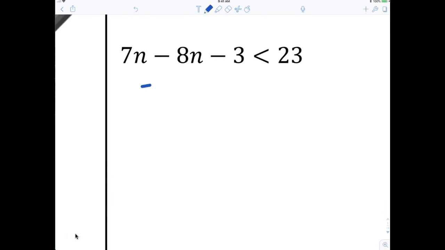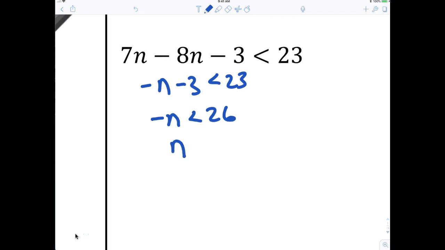So again, -n minus 3 less than 23. -n less than 26. Everybody good? So n is what? Greater than, n is greater than negative 26.